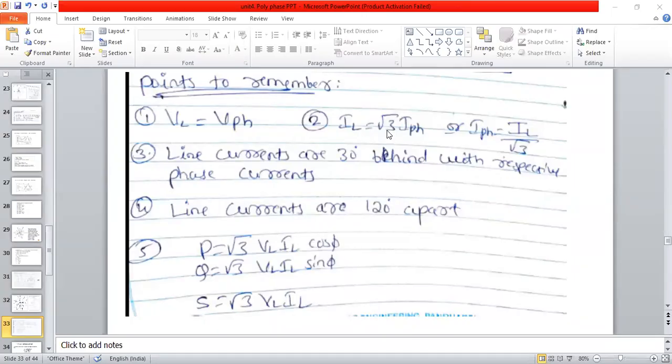Next line: line voltages are 120 degree apart. Okay. Phase voltages are 120 degree apart.